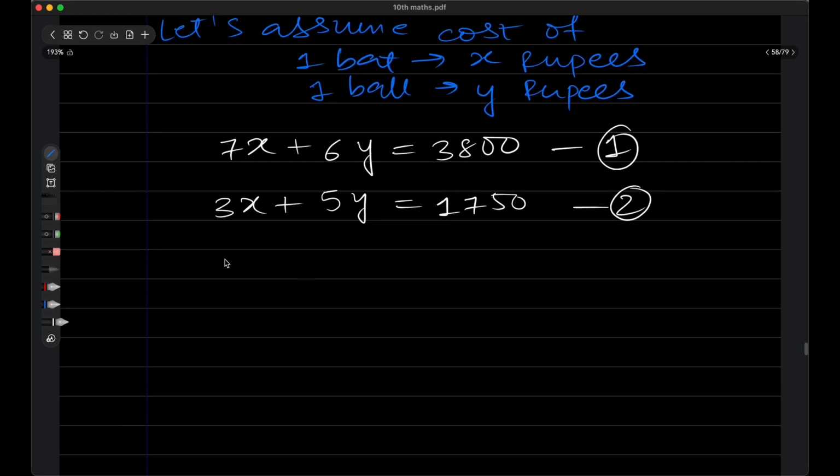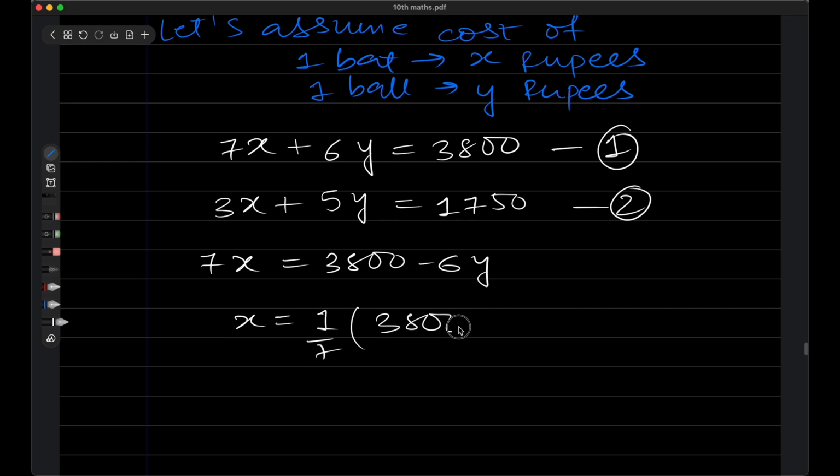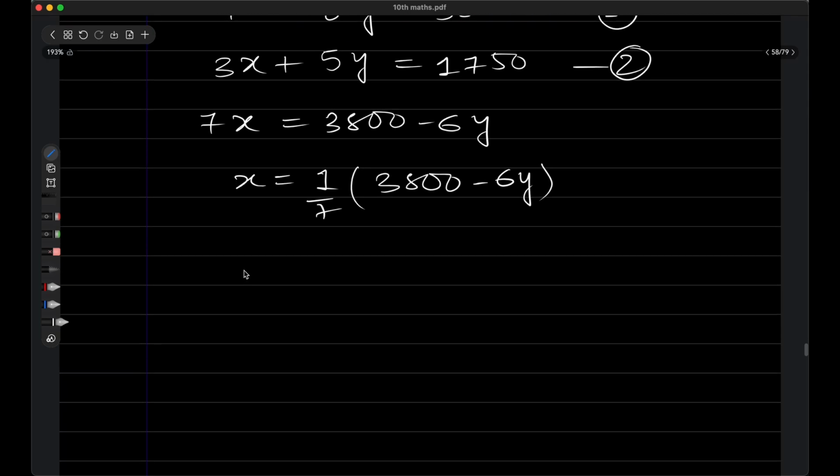Now using substitution method, let us solve x from the first equation. You will get x equals to 1 upon 7 in bracket 3800 minus 6y. Now put the value of x in the second equation. We have equation 2, 3x plus 5y equals to 1750.